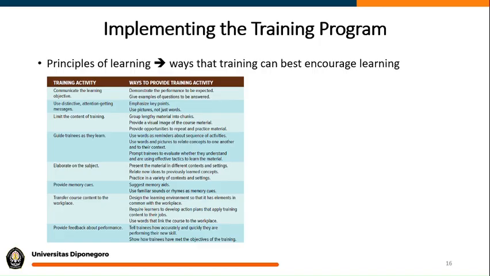For example, the first one, you need to communicate the learning objectives. It can be done by demonstrating the performance to be expected and then giving examples of questions to be answered. And then you also need to use a distinctive and attention-getting message.